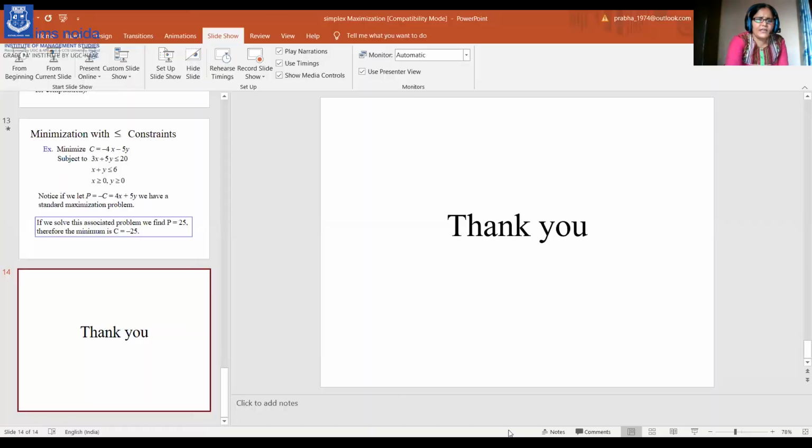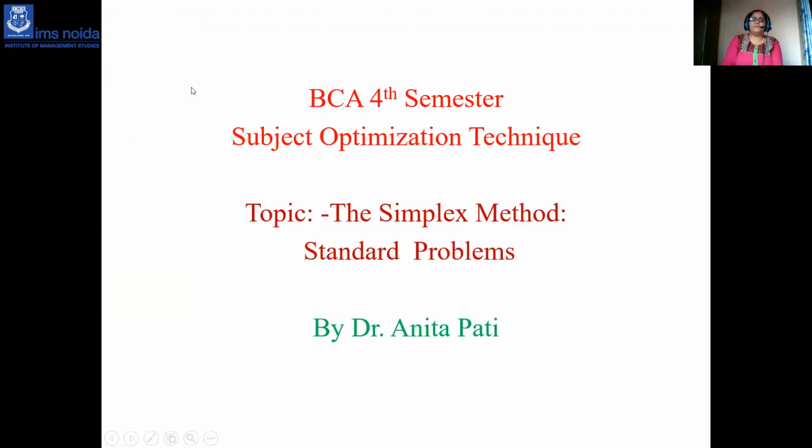So now you have to solve some minimization problems. Let's go through some minimum kind of problems so that we can see how the slack variable or the surplus variable are used while you are doing a standard minimization problem.